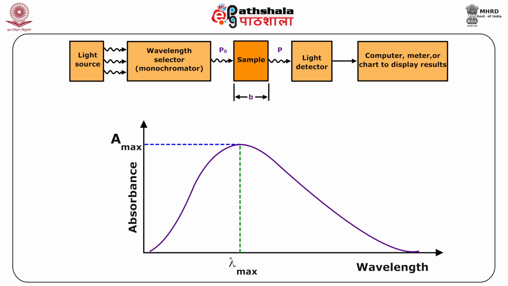Since the Lambert-Beer's law is applicable only to the monochromatic light, the monochromator, which serves as a diffraction grating, selects a very narrow band of light which passes through the sample that absorbs a certain fraction and transmits the rest.